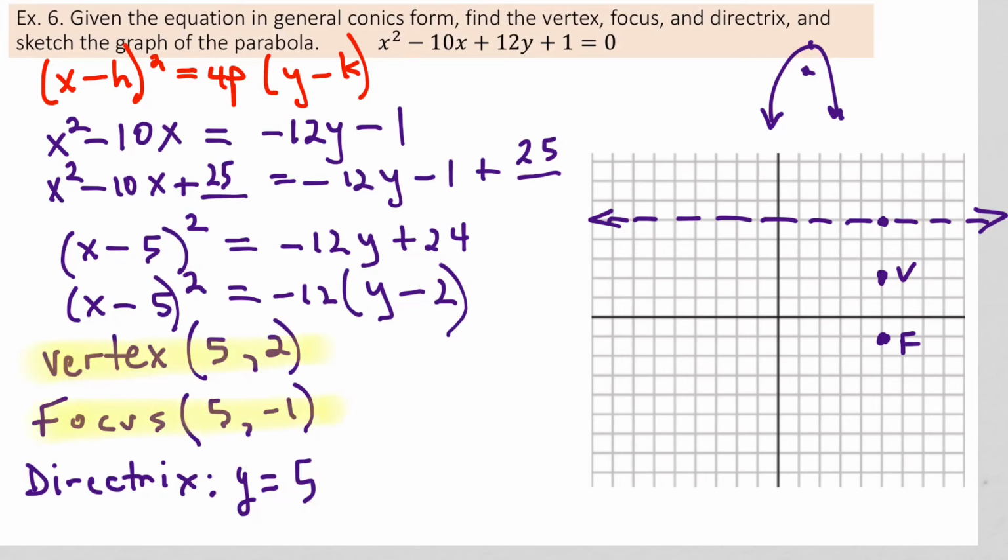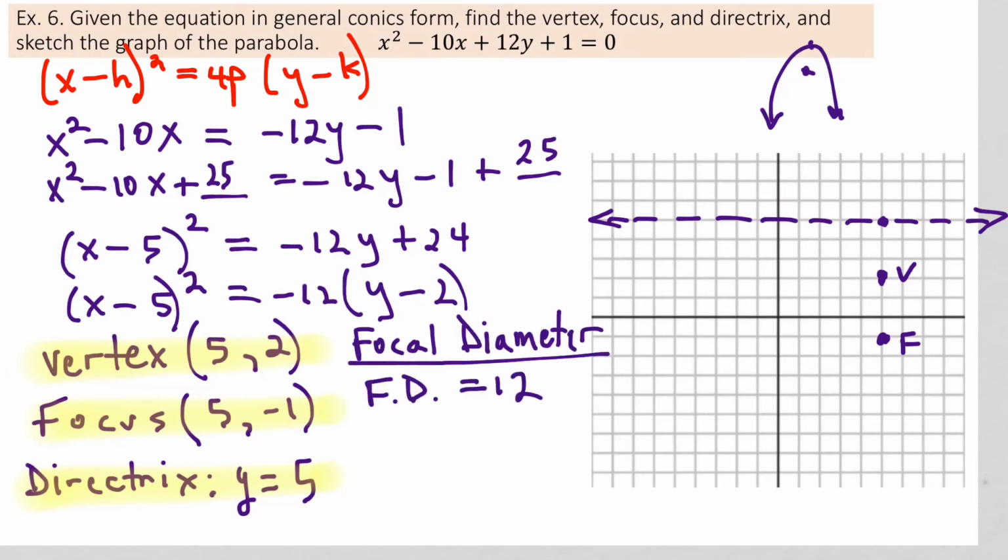All right, so the last thing we need is the graph. So to get our width of the parabola in there properly, we'll use the length of the focal diameter. Okay, focal diameter, according to my equation, the length of the focal diameter is 12. So that means 6 on either side of my focus, because 1/2 of 12 is equal to 6.